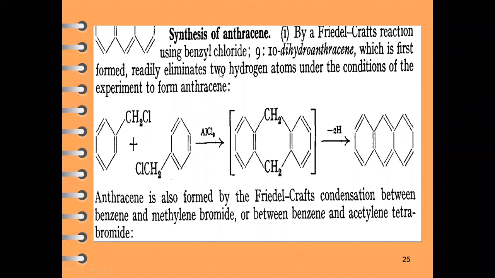The mechanism is the same, but the starting materials are different. All will condense by the same mechanism via formation of 9,10-dihydroanthracene as an intermediate product, followed by the formation of anthracene. So this is the first method of formation of anthracene.